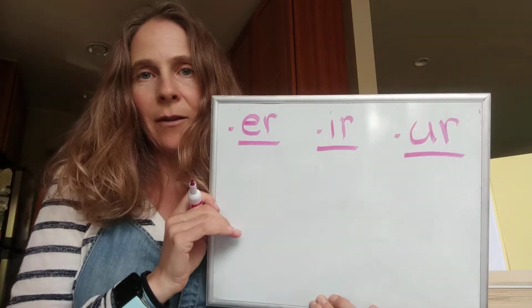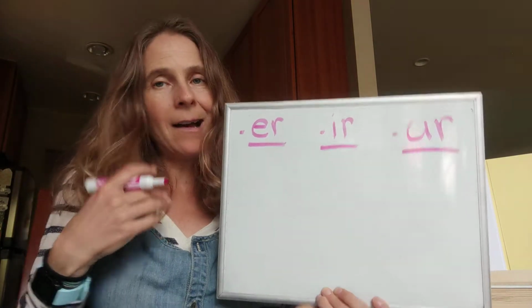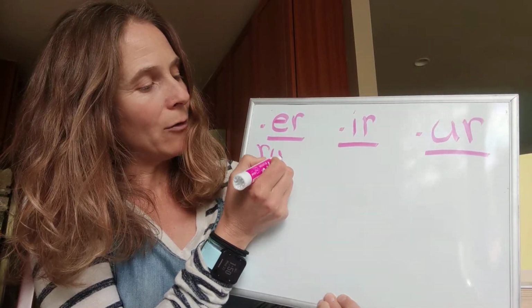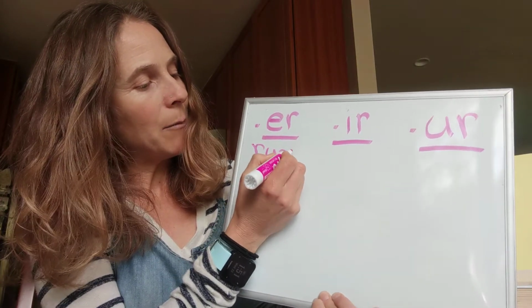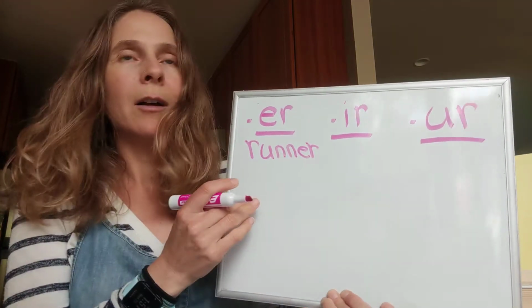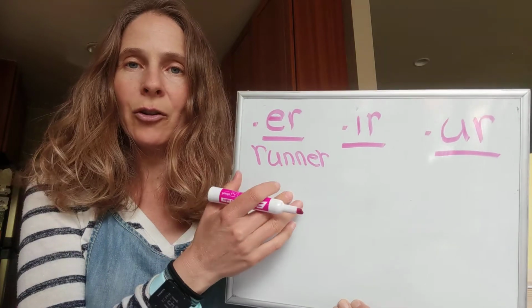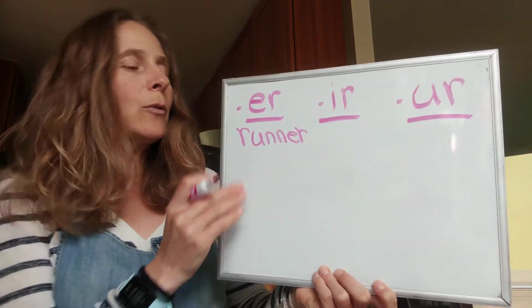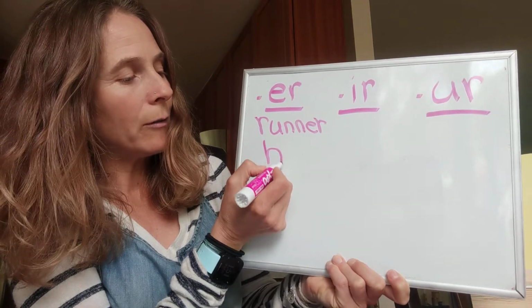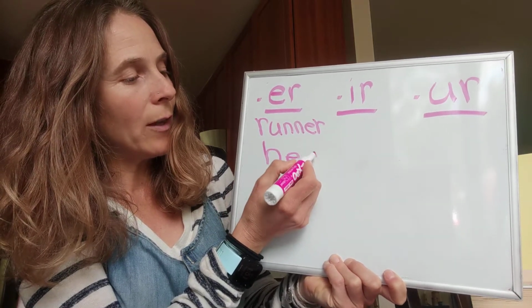ER can be at the end of a lot of words, like I am a runner. If you have ER at the end of a word, it means it's a suffix. And it means you're talking about a person who does something, a person who runs. ER can also be in the middle of a word, like the word her, or at the end of the word there also.